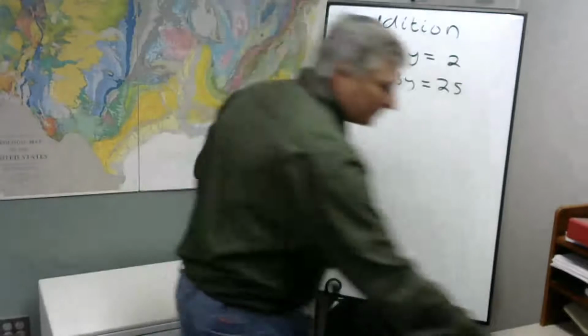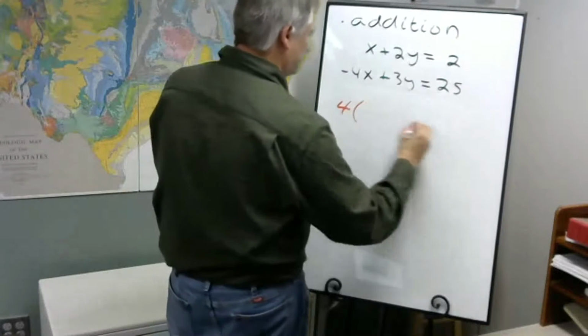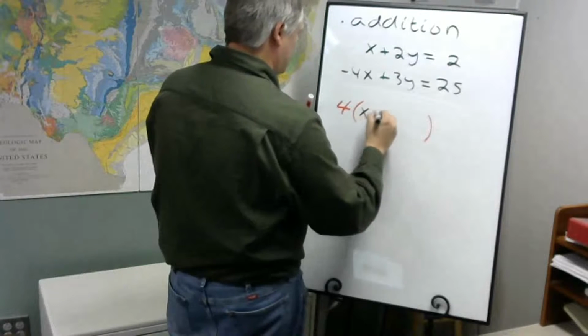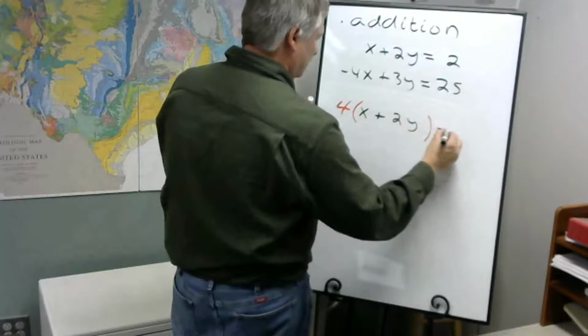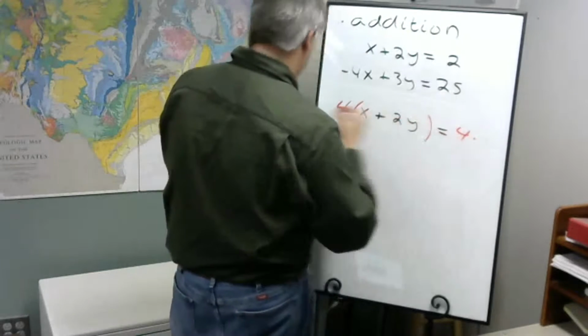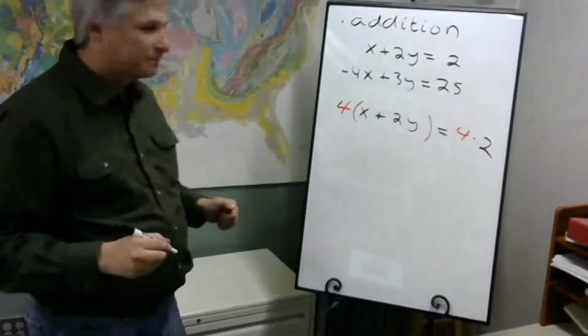So what we'll do is take 4, multiply it to both sides of this top equation.